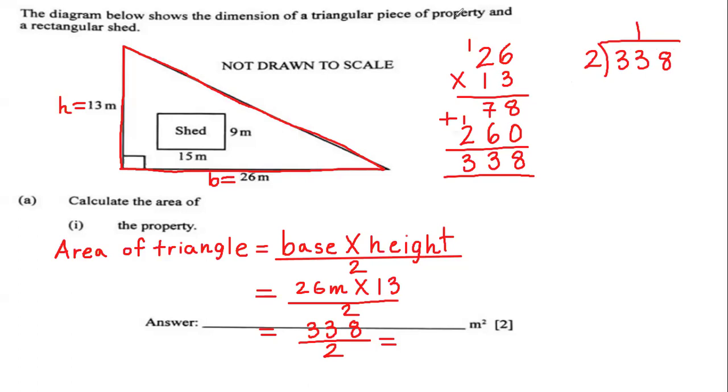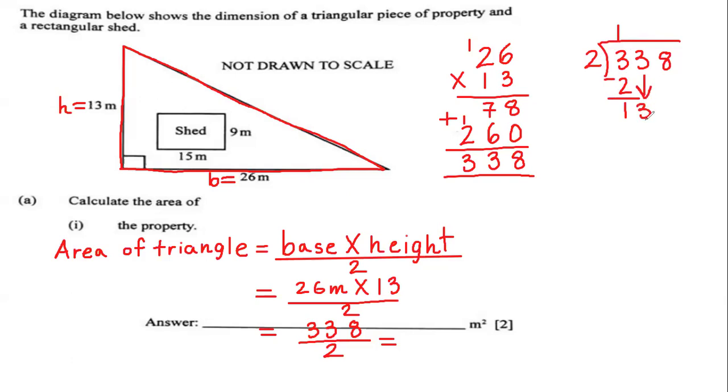Okay, let's do 2 into 3 first then. How many times does 2 go into 3? Once. 2 times 1 is 2. 3 minus 2 is 1. Bring down the 3.